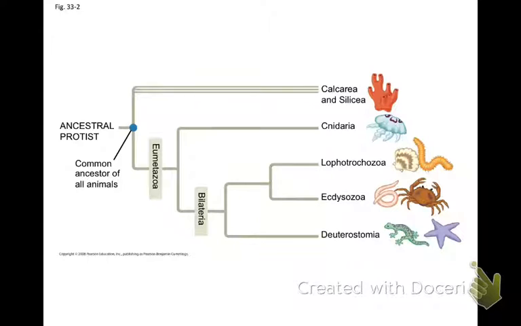So among the bilaterally symmetric organisms, they are divided again based on their developmental patterns. So the organisms in the Lophotrochozoa and the Ecdysozoa have protostome development.